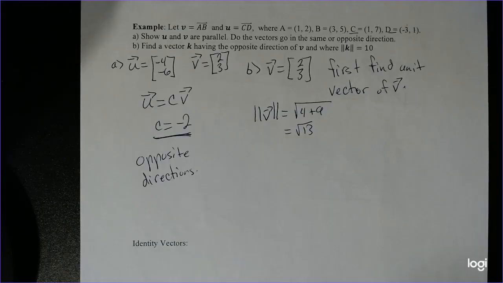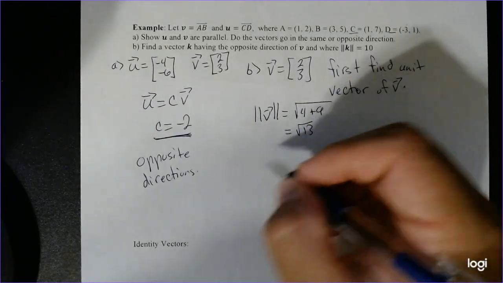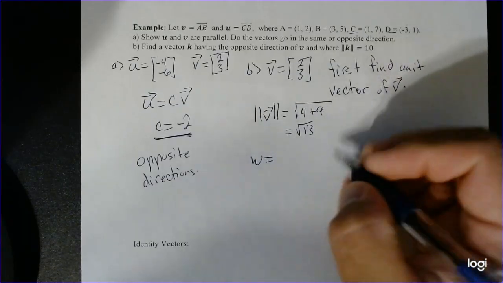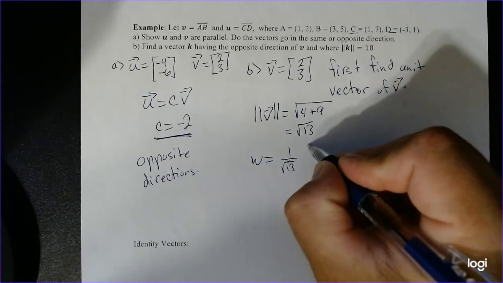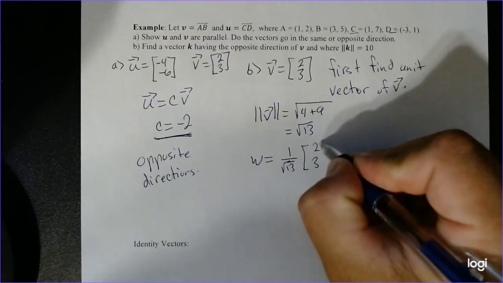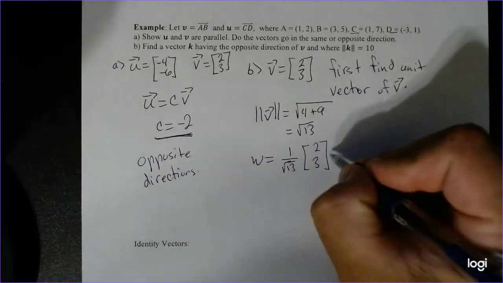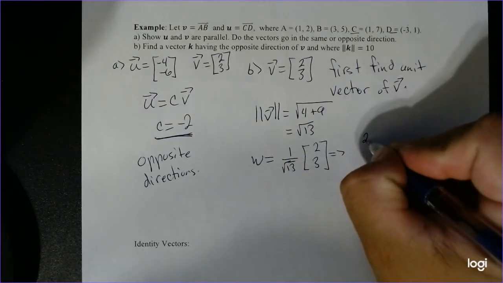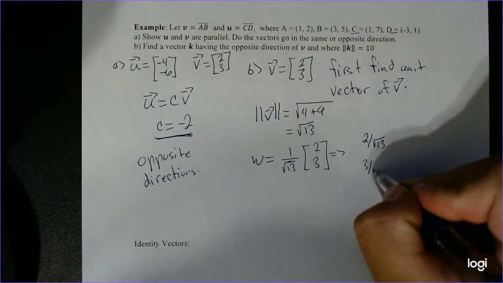If we want the unit vector, which we call w in the definition, it's 1 over the square root of 13 times the original vector 2, 3. If I multiply this out, this is going to be 2 over radical 13 and 3 over radical 13.